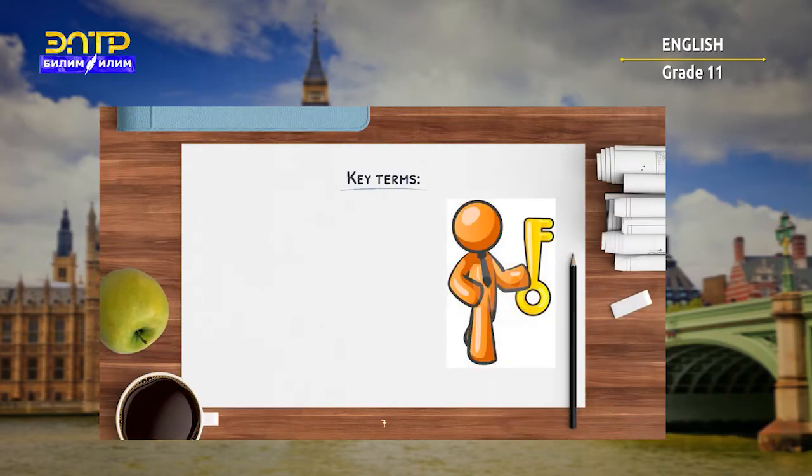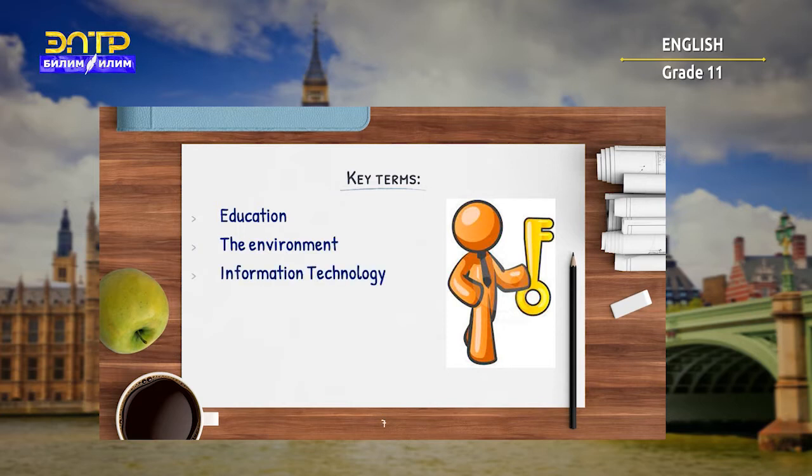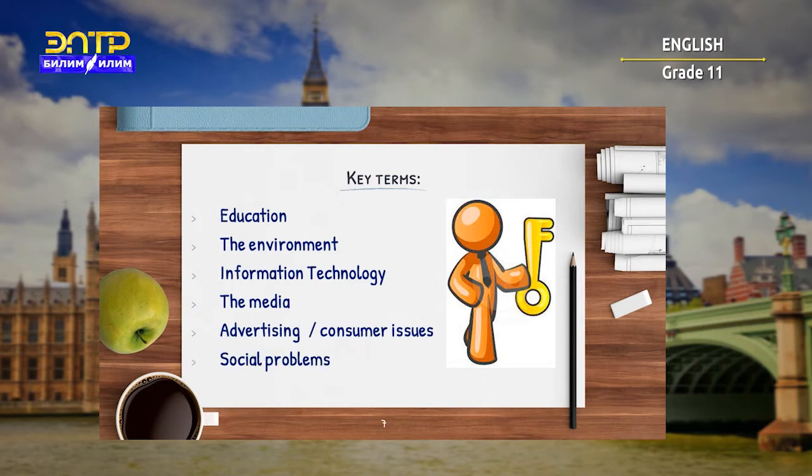In key terms, this is usually the easiest part of the essay to deal with. Normally, the keywords deal with familiar topics such as education, the environment, IT, in other words information technology, the media, advertising and consumer issues, social problems, lifestyle, and so on.